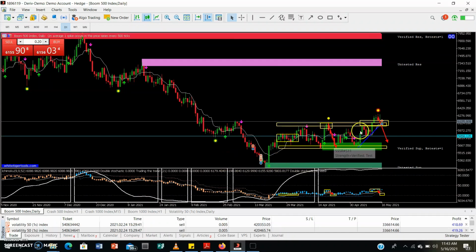So when we came to this resistance zone, I predicted that we are going to be taking a sell for this coming week, and price is going to start to drop again to this price level. Why? Because we are still consolidating.